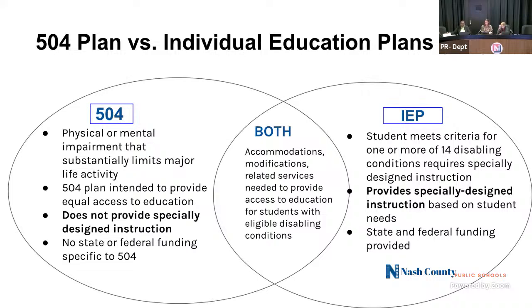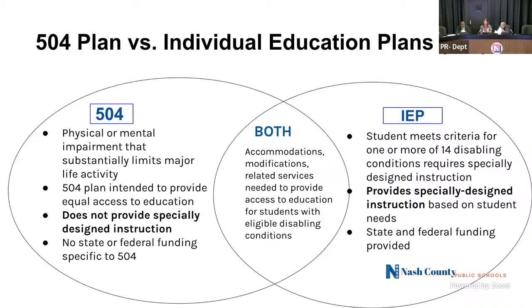Whereas 504 is just what does that child need in order to level the playing field, to have equal access to their education, a student found eligible with an IEP would be somebody who needs a little bit more than just the accommodations provided to access their education. They'll need specially designed instruction based on the specific needs of those students. And we do have state and federal funding that's provided for students with an individualized education plan.